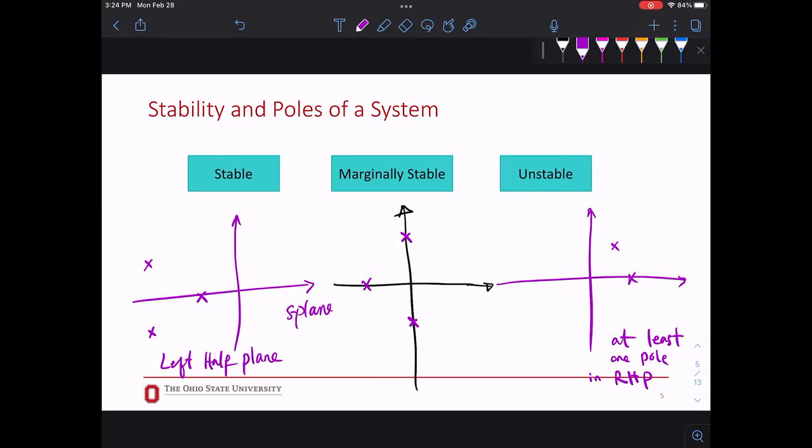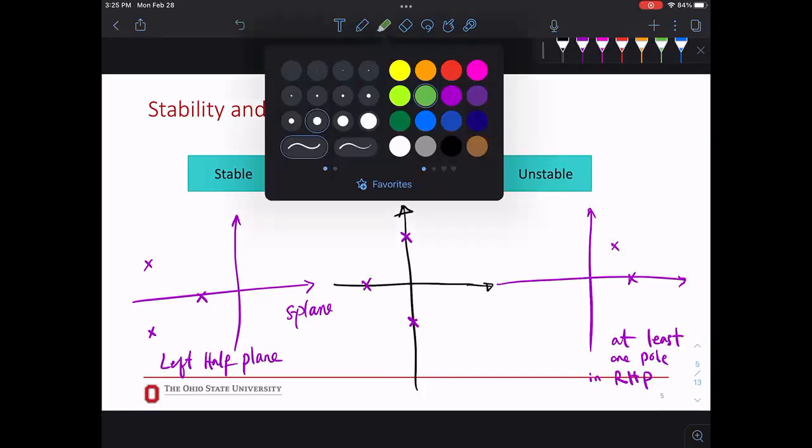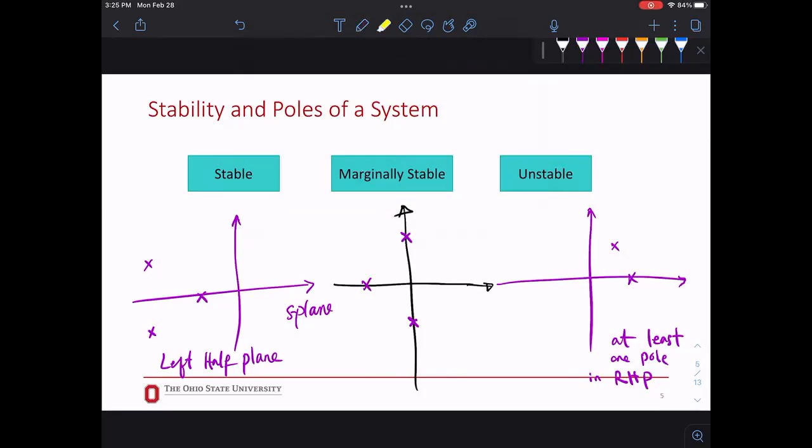It's not a good place to be, but sometimes when you're designing control, you're shifting your system. So if you're getting close to the imaginary axis, it's good news. You can shift a little more and then the system will be stable. From this, you should also conclude, I probably don't want to be really close to this axis either, right?